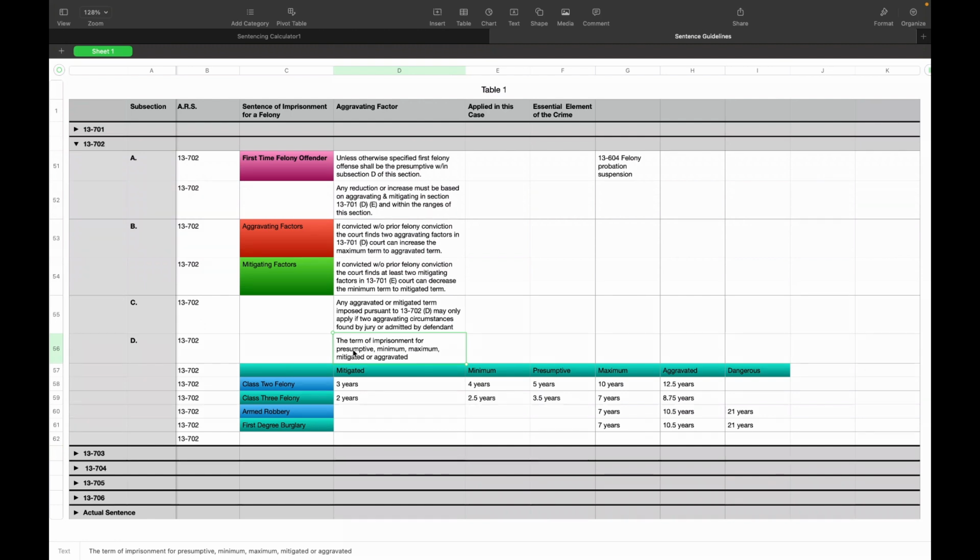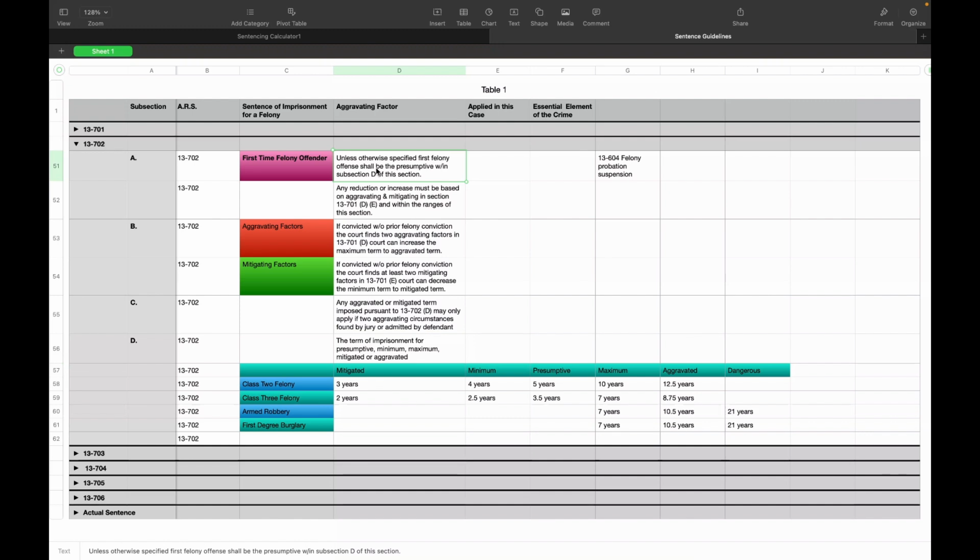So 702 is your authority. 702 is also your authority about whether or not you can aggravate a sentence based on multiple felony offenses, and how much you can aggravate that sentence within the sentence bracket.